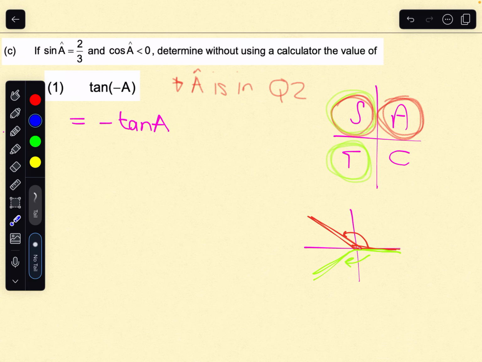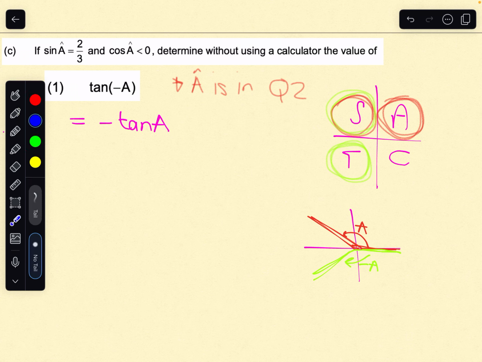And so the tan ratio of this angle, which is our A, would be negative, right? Because you have a positive y divided by a negative x, so you end up with a negative tan ratio for A. But what happens with the tan ratio of minus A?